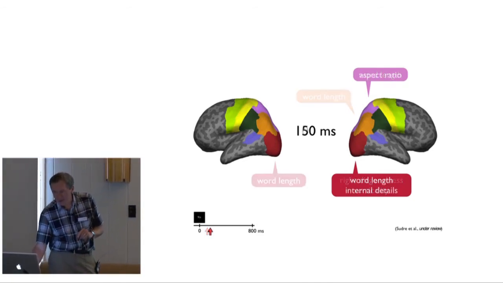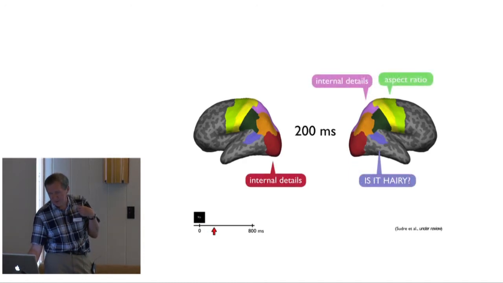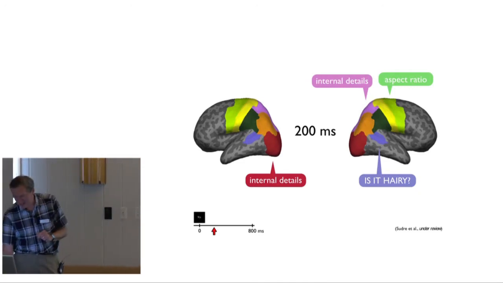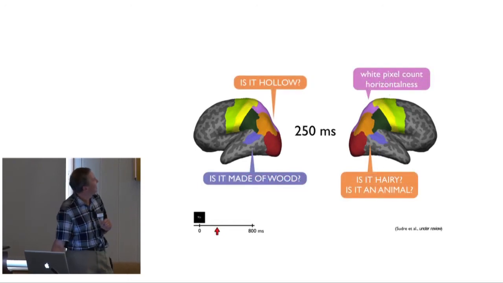At 150, it's this. By the way, I'm using lowercase to refer to the perceptual features and uppercase to refer to what we consider semantic features. So far it's all perceptual. At 200, here's "is it hairy," our first semantic feature. Is it hollow?